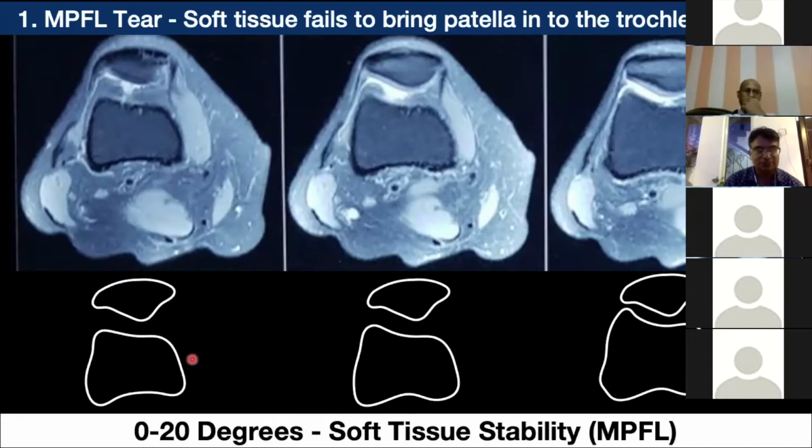In this position, as Sushil was trying to say, the main stabilizer is the MPFL. So if someone dislocates at full extension of the knee joint, the pathology is the MPFL. That is a very important point I'd like to highlight.